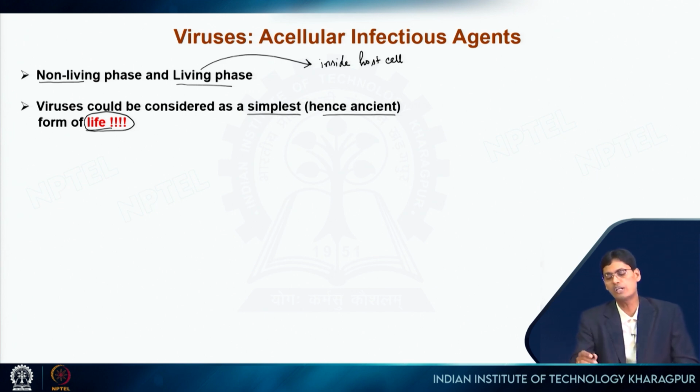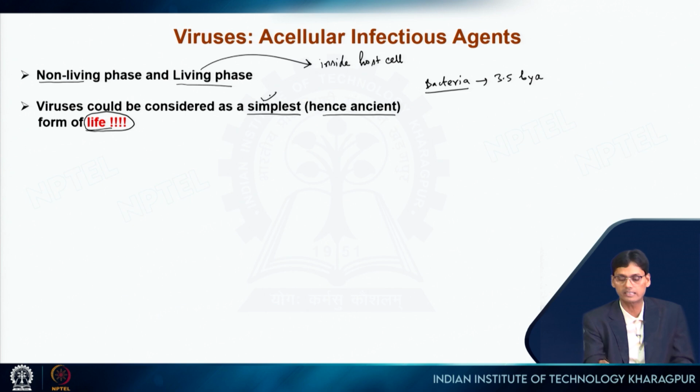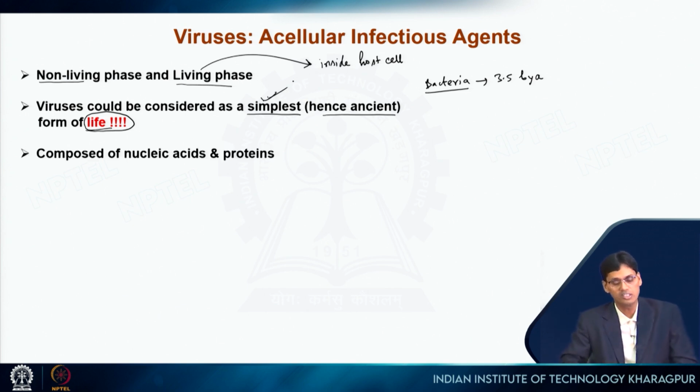That's why researchers generally consider that bacteria evolved around 3.5 billion years ago, and compared to that, viruses came a little later, around 2 to 2.5 billion years ago, because they need a host to depend on so that they can multiply. So they evolved a little later, but still they are the simplest, composed of just nucleic acids and proteins, as I have mentioned.